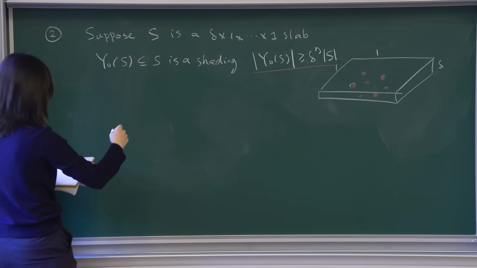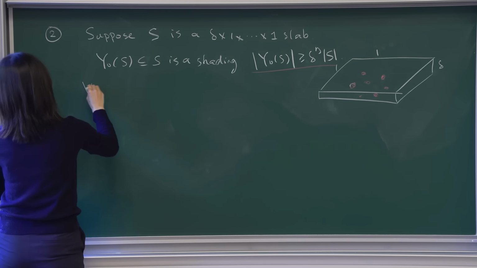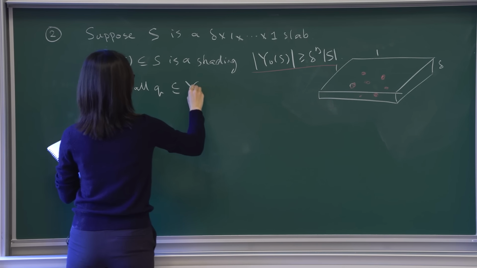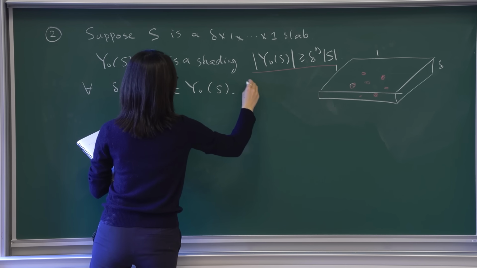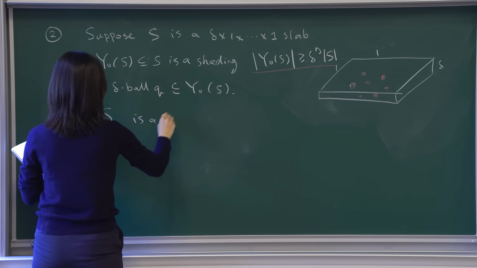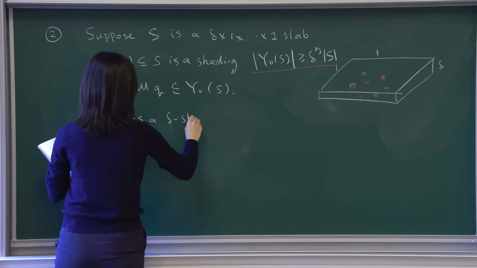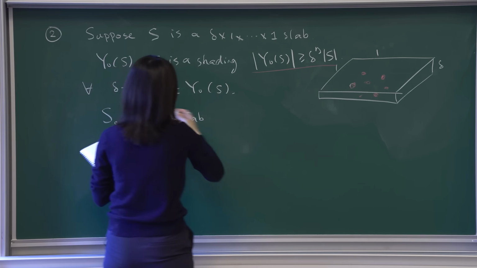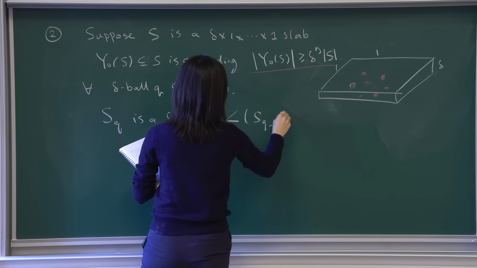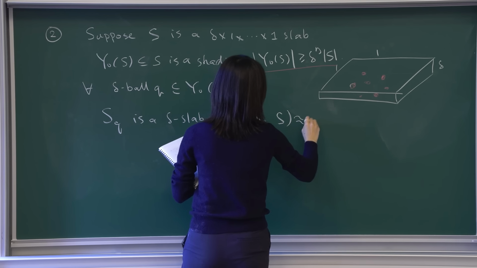And we have a similar assumption for any delta ball Q contained in Y_0S. There exists S_Q, a delta slab, such that the angle of S_Q and S is roughly 1.